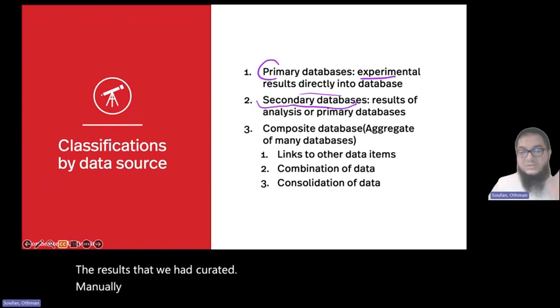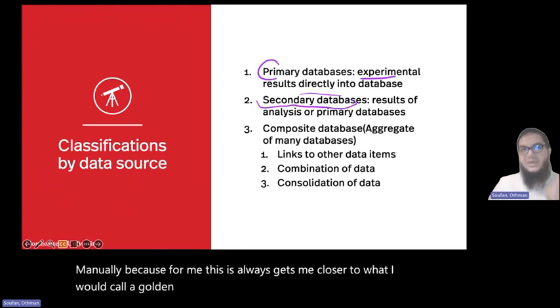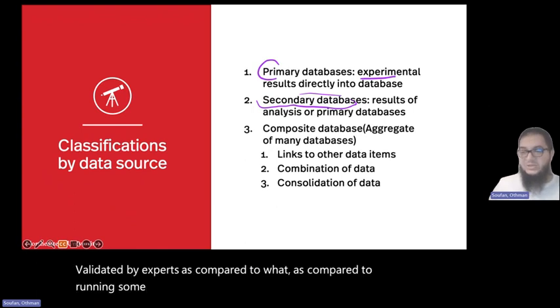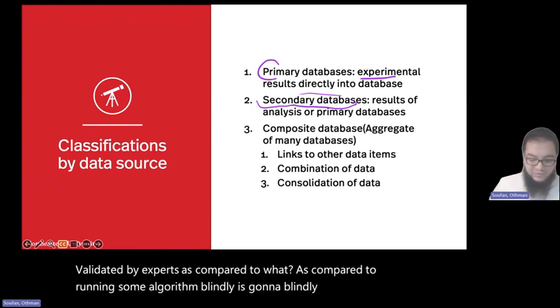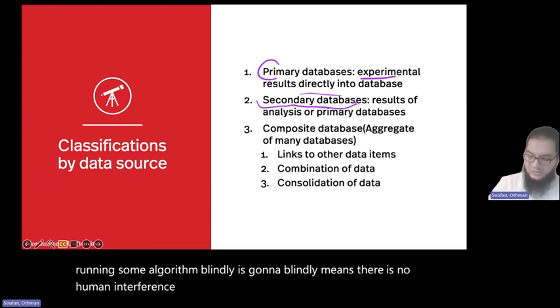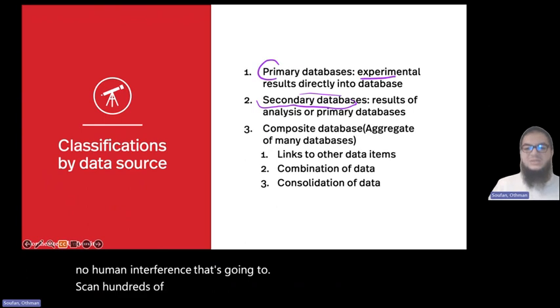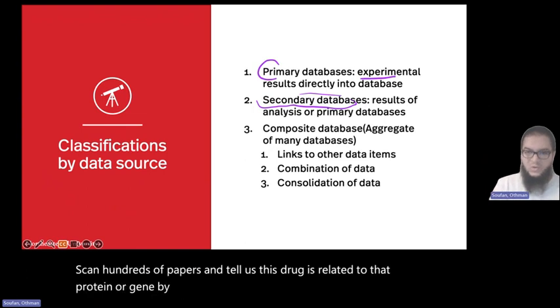Because for me, this gets me closer to what I would call a gold standard, something validated by experts, as compared to running some algorithm blindly, with no human interference, that scans hundreds of papers and tells us this drug is related to that protein or gene and gives you a score.